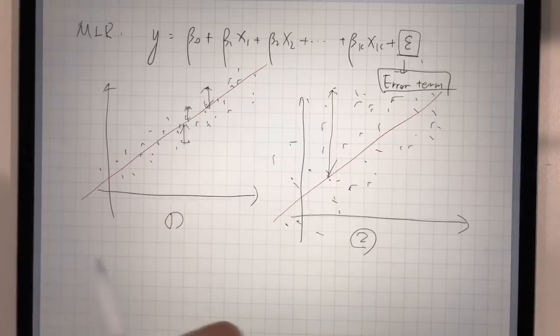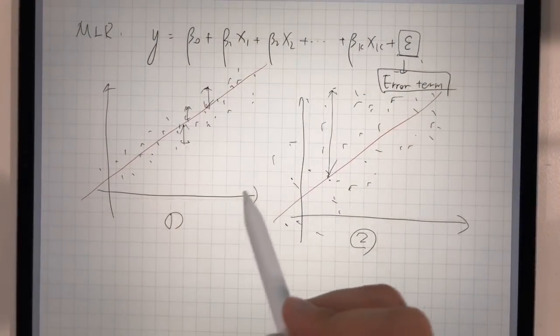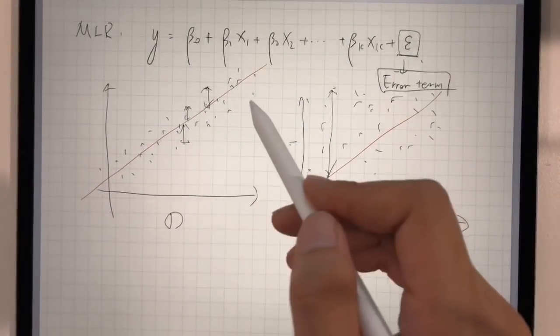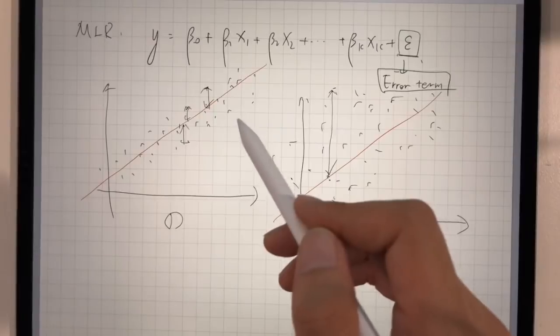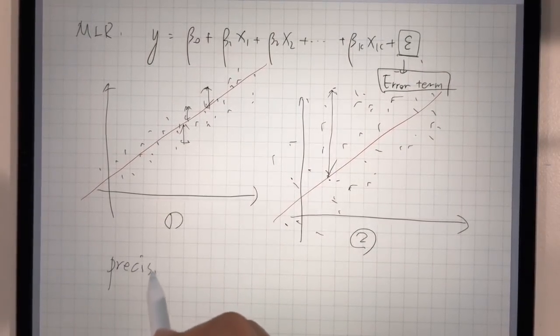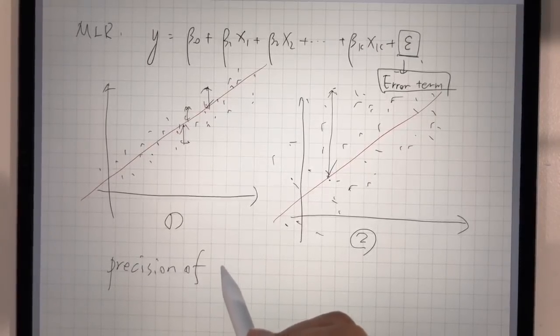Okay. So when we interpret the standard error or the standard deviation of the error term, it usually gives us some information about the precision of making a prediction, okay?